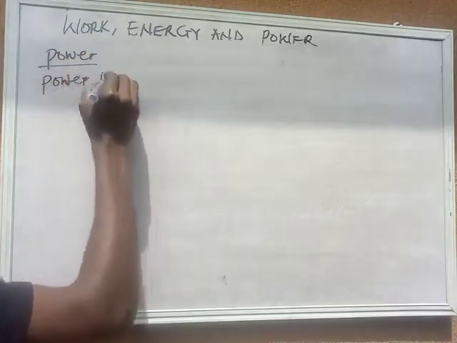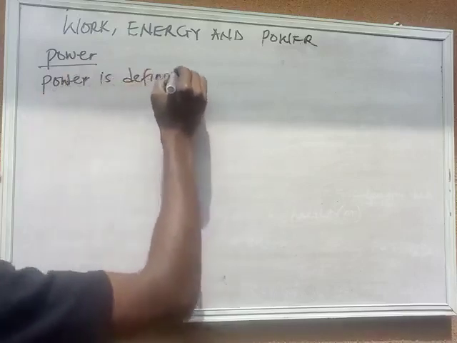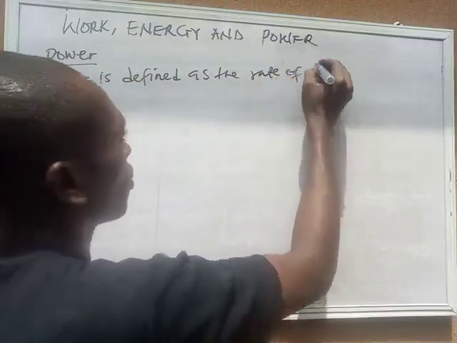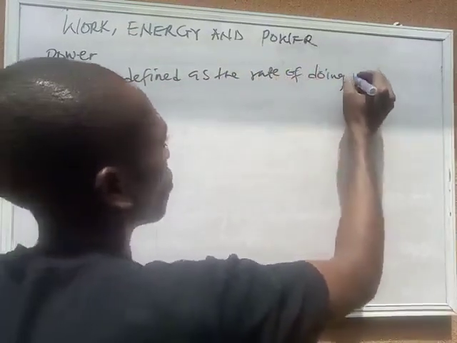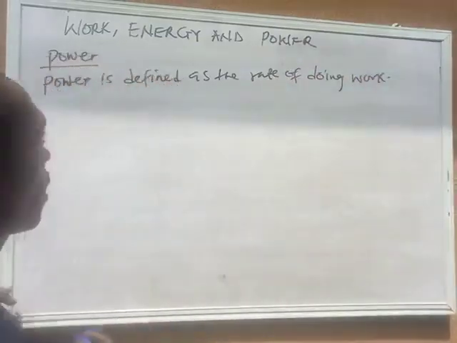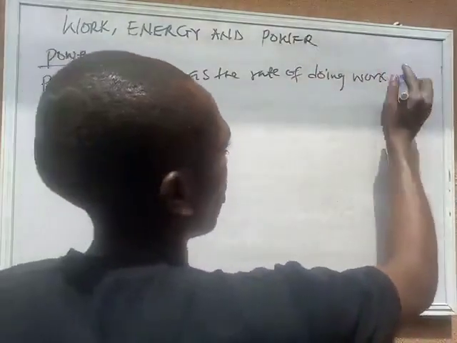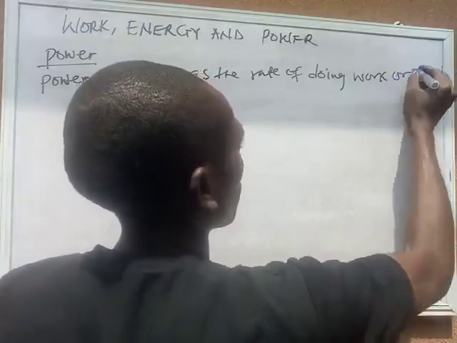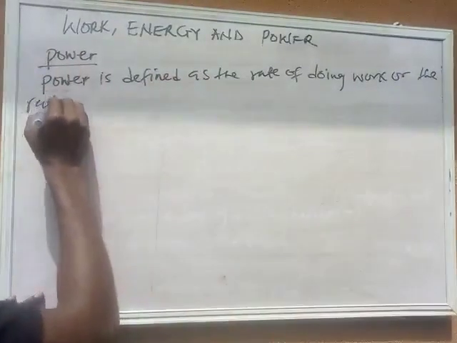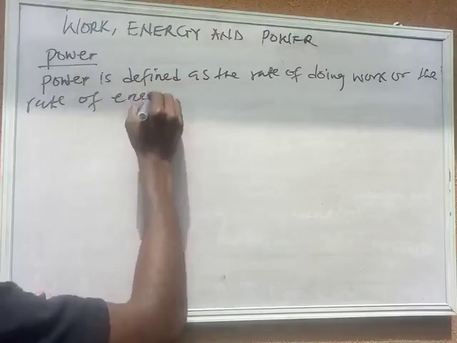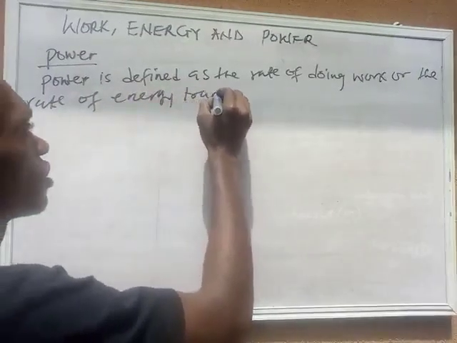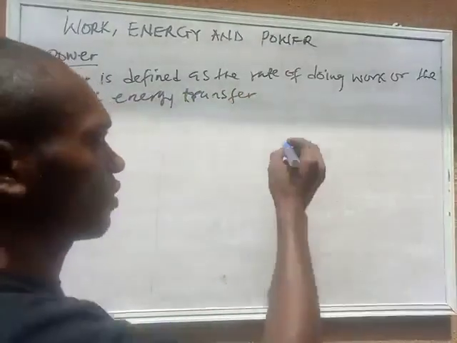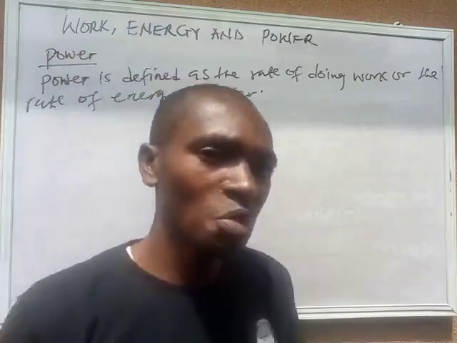Power is defined as the rate of doing work, or the rate of energy transfer. So the rate at which energy is transferred is what is referred to as power.